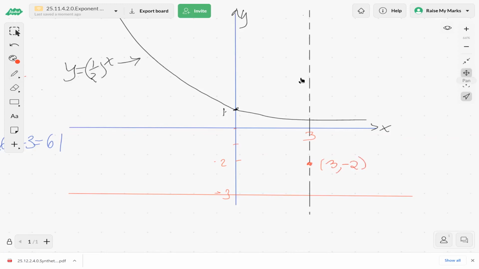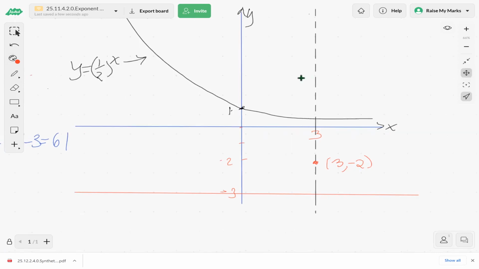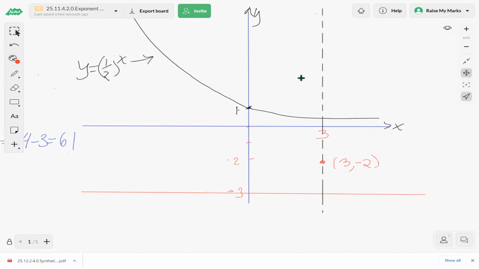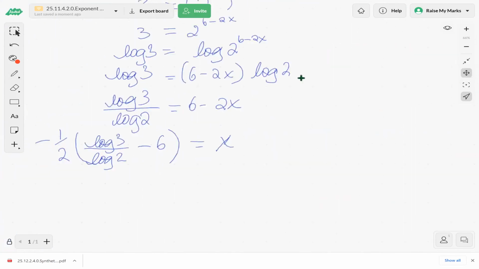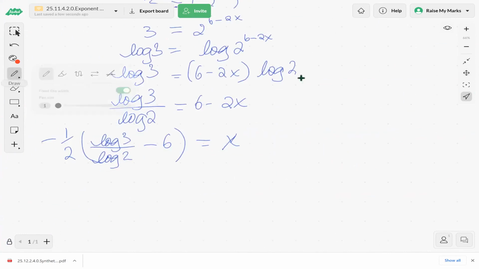We found our y-intercept for our new function to be 61, so way up high, probably further up than here. And we found our x-intercept for our new function to be this strange value, negative 1/2 of log 3 over log 2 minus 6.